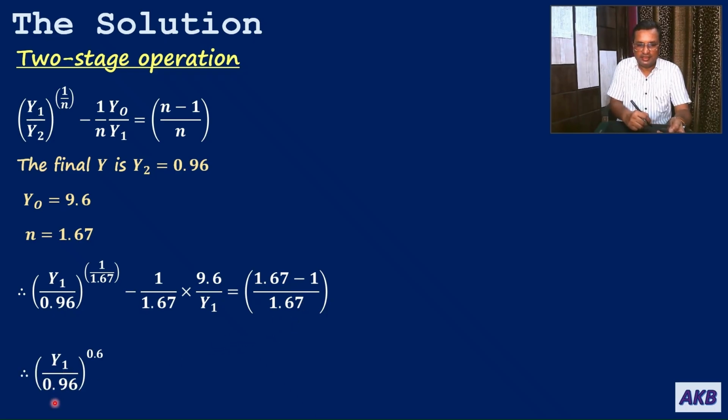That is, Y1 divided by 0.96 raised to 0.6, where 1 upon 1.67 is 0.6, minus 9.6 upon 1.67, which is 5.75, so it is minus 5.75 divided by capital Y1, and this is 0.4.